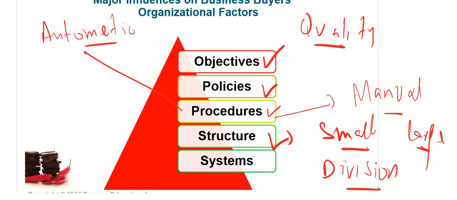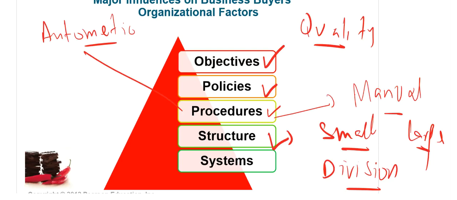So the structure of the organization is a factor which influences the decision of the organization, because different structures may face different problems and different challenges, and in order to solve the problems, they will definitely have different decisions.